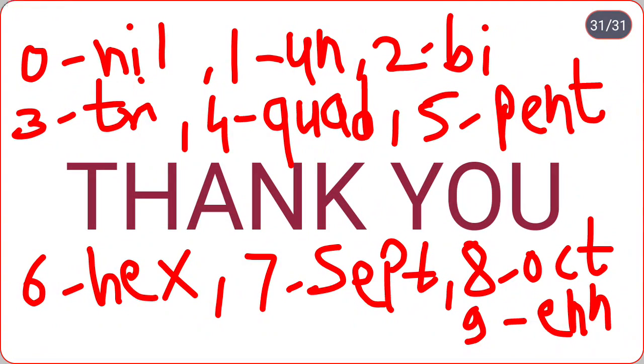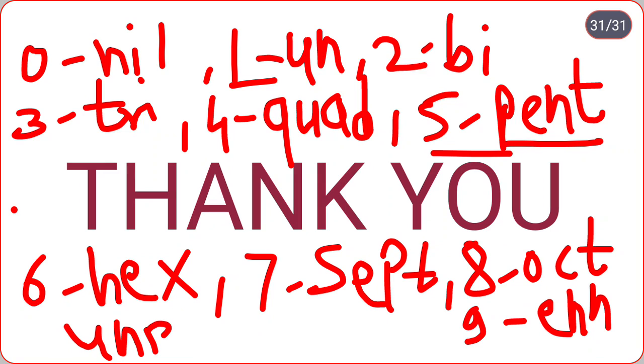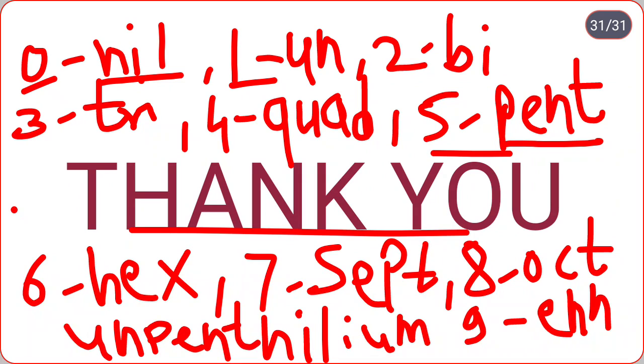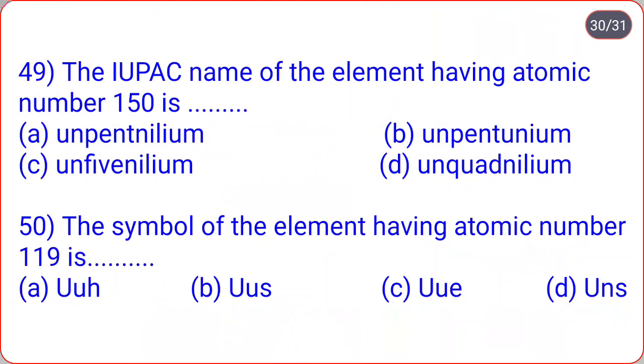So for 1 un, 5 pent, for 0 it is nil, and the ending is done by ium: unpentnilium. So the correct option is option A, unpentnilium.